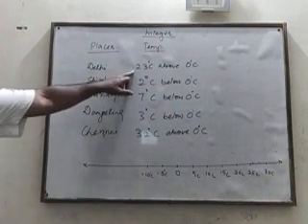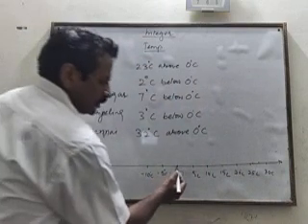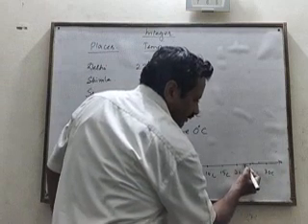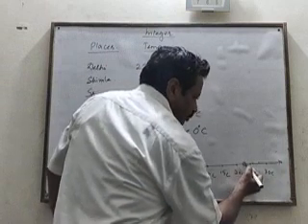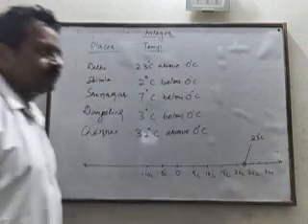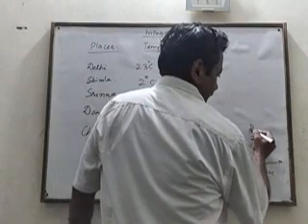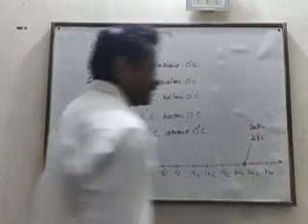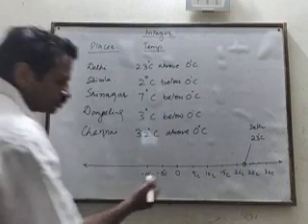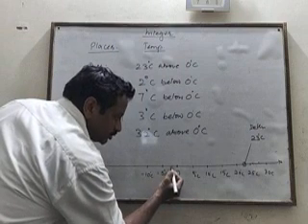First is 23 degrees Celsius above 0. So 23 will lie between 20 and 25, somewhere in the middle. This is 23 degrees Celsius, this is of Delhi. Then 2 degrees below: minus 2 will lie between 0 and minus 5, somewhere nearer to 0.